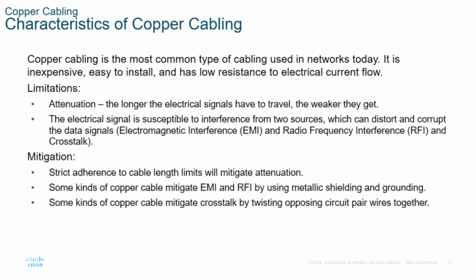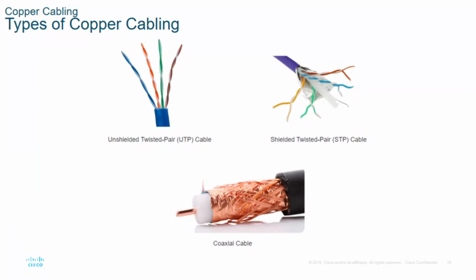For this reason, all copper media must follow strict distance limitations specified by the guiding standards. There are three main types of copper media used in networking: UTP, STP, and coaxial cable.